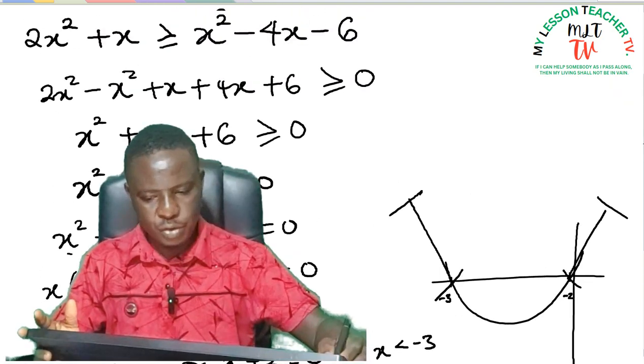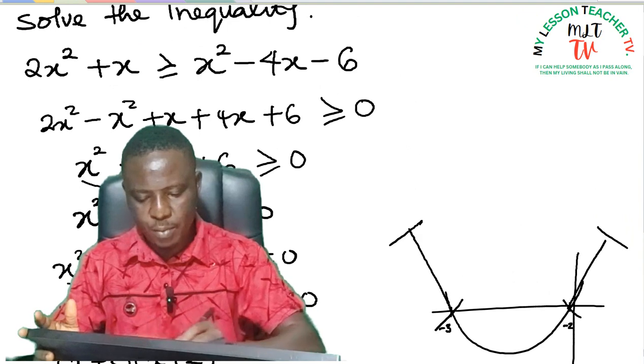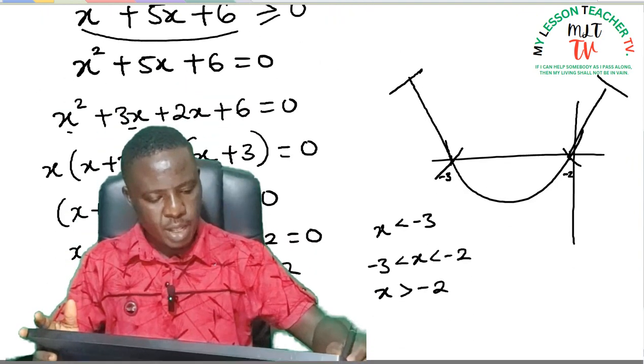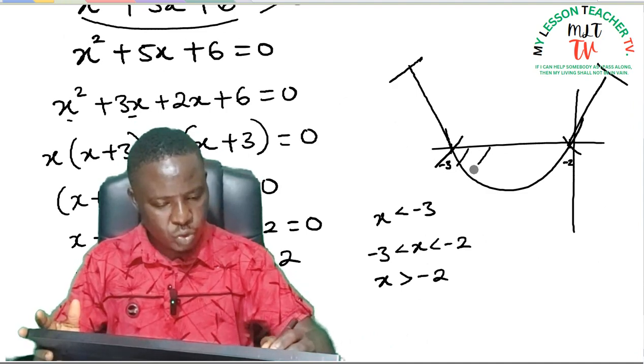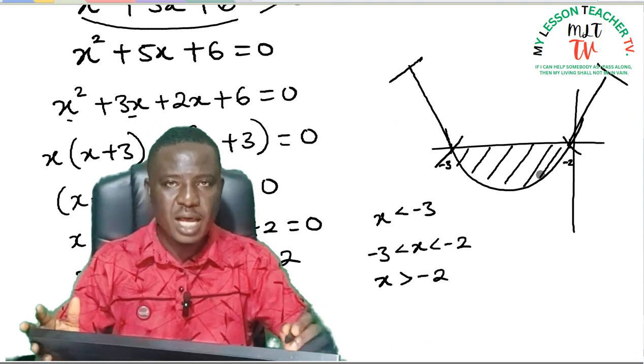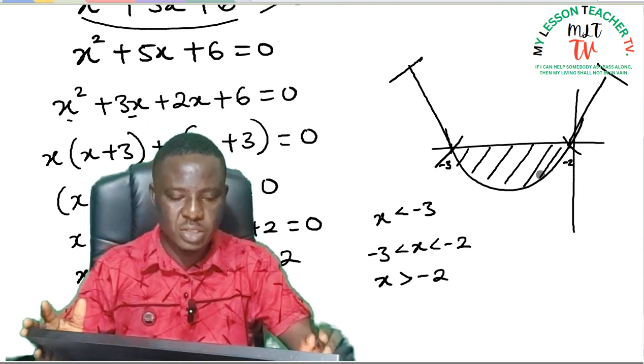So we are asked to find the region where this parabola is greater than or equal to 0. Just like I told you, region 2 is the region where the parabola is less than 0.